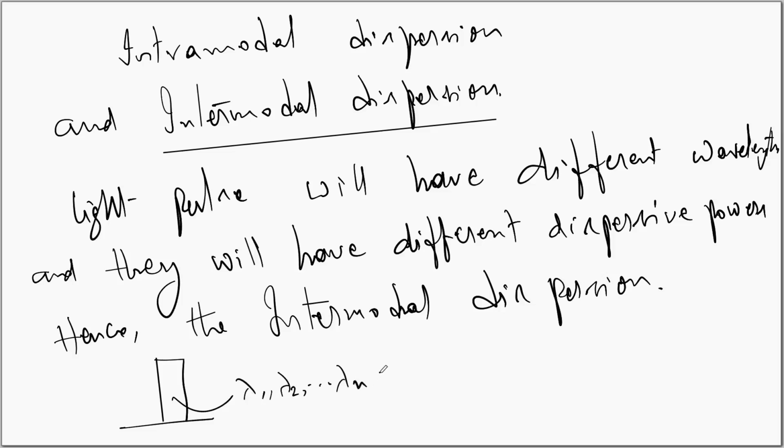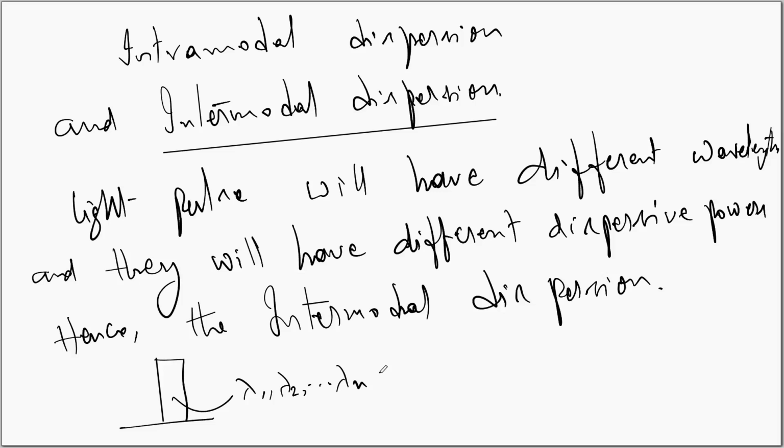Different wavelengths are possible in the light pulse, but each wavelength will have its own dispersive power in the given material. Since each wavelength has its own dispersive power, the spread in the pulse will take place over a long time. In course of time, due to the variations in the dispersive powers of the different wavelengths present in the given pulse of light, the light pulse at the output will be broadened, which is called intermodal dispersion.